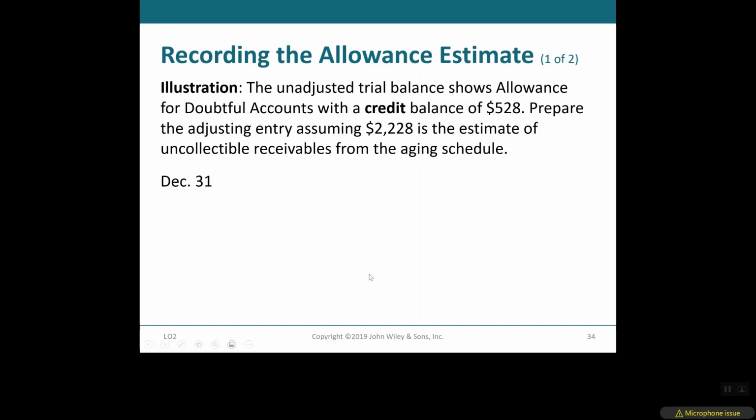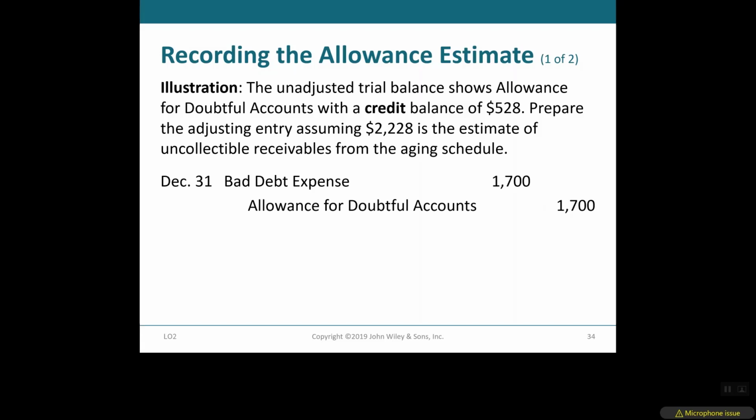Okay, so we have a balance in our account of 528, and what we want to have as our ending estimate for the month is 2,228. So what we do is subtract the 528 from the total balance, which gives us 1,700. So that will be our bad debt expense for the month, and then allowance for doubtful debt is going to be 1,700. Okay.